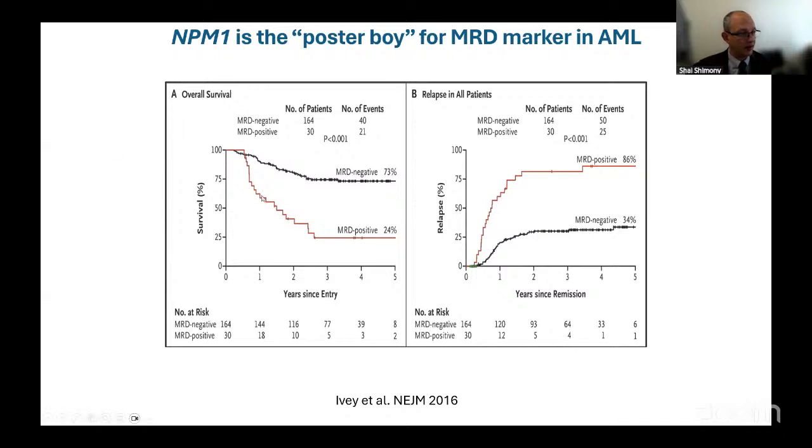What you can see on the left is that patients who were MRD negative, in the black curve, lived longer than patients who were MRD positive, and this is after 2 cycles of chemotherapy. So the MRD measured by NPM1, which is rather easy to measure, is our poster boy for how we integrate MRD into our analysis and into our management.